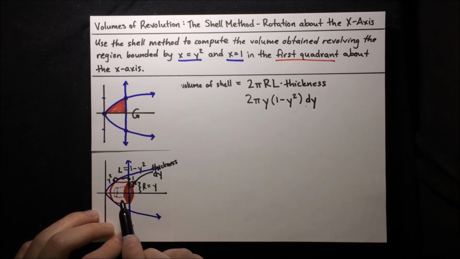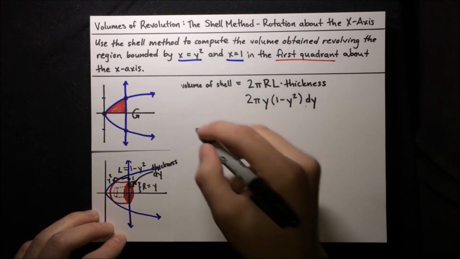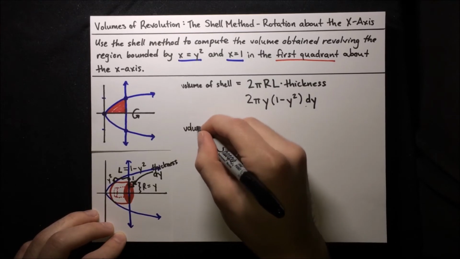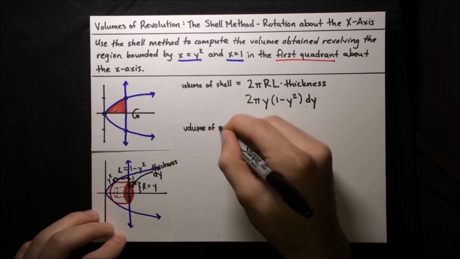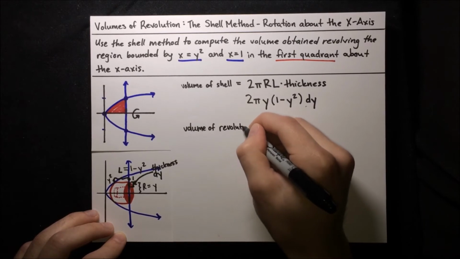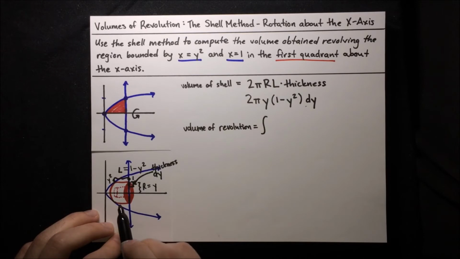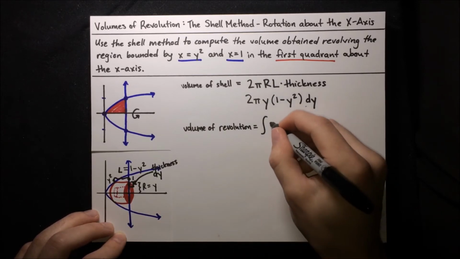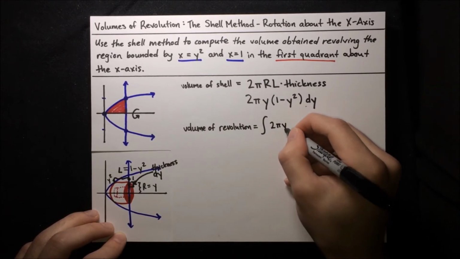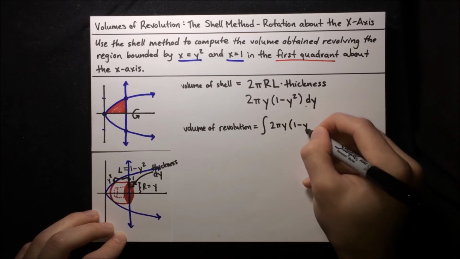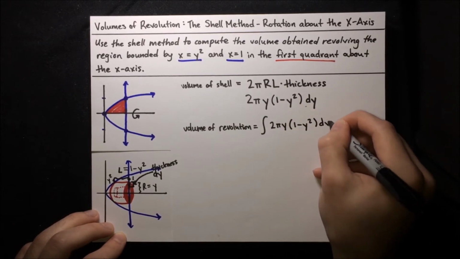And now we're going to get the volume of the entire region by summing up all of these shells that comprise the region. So the volume of revolution is just going to be the integral of the volumes of these shells. And the volume of a shell is just 2 pi y times 1 minus y squared dy.